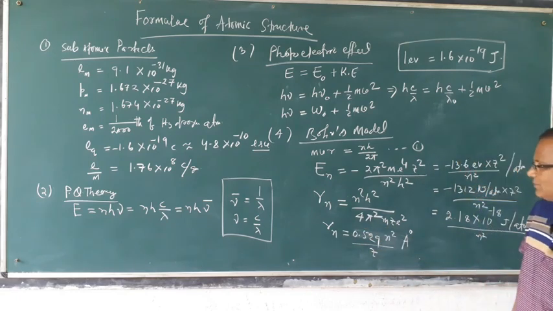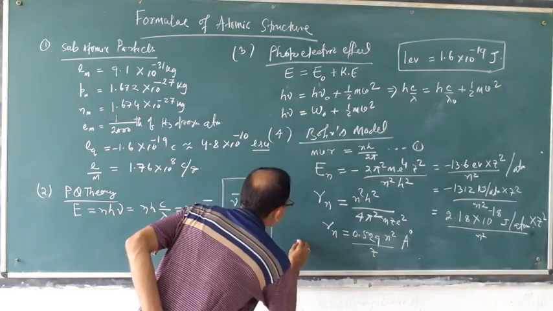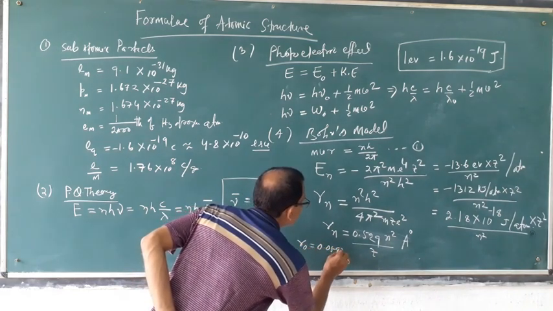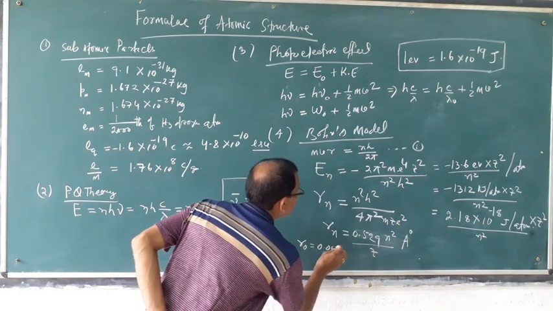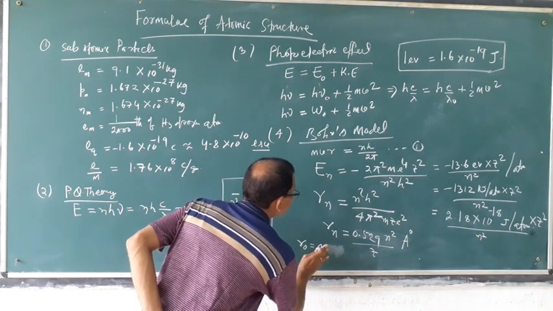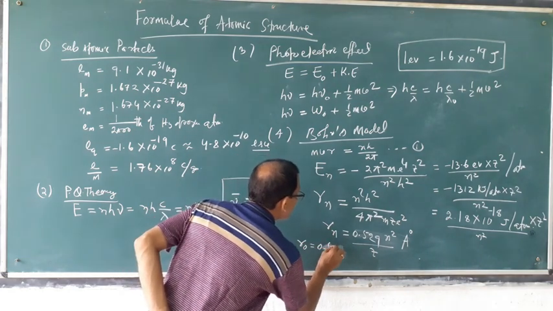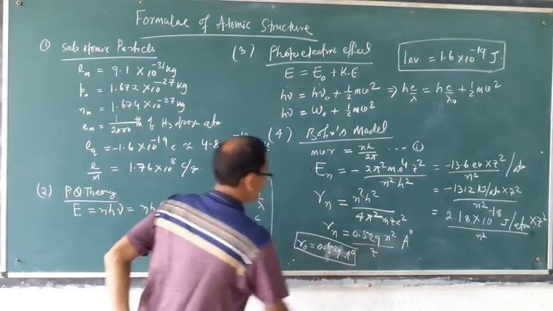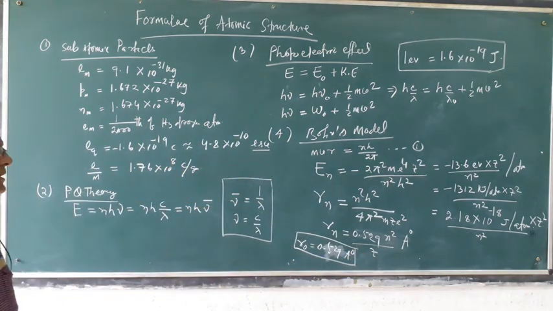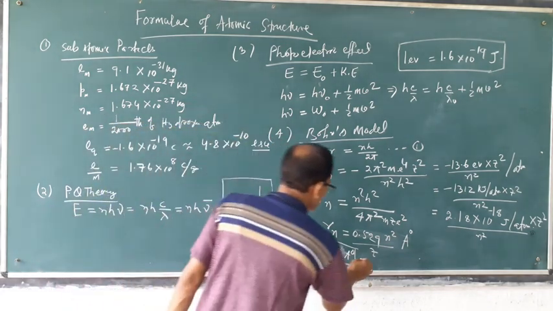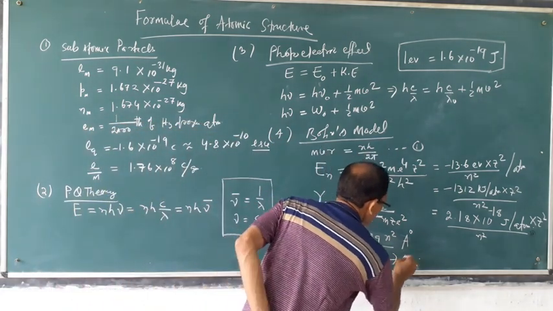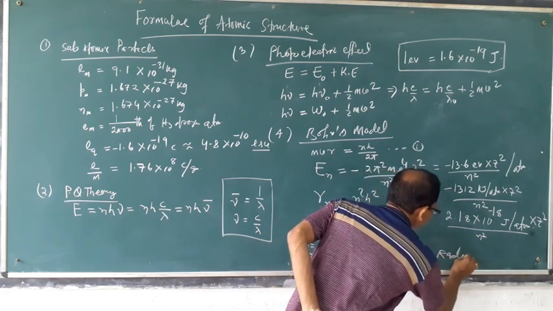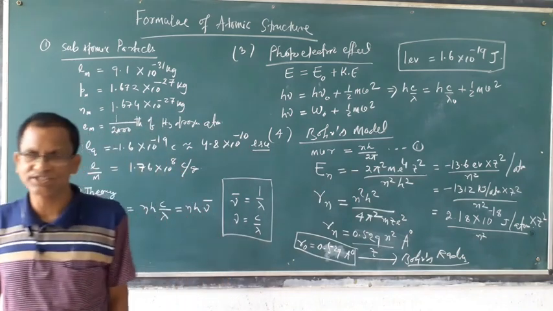For a hydrogen atom, that is called R0. For the first orbit it is 0.529 angstrom. This radius is called the Bohr radius, the minimum distance.